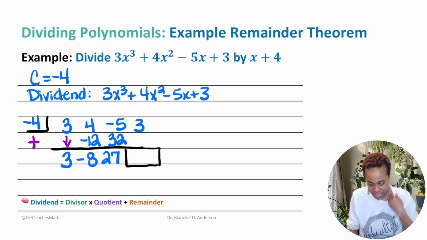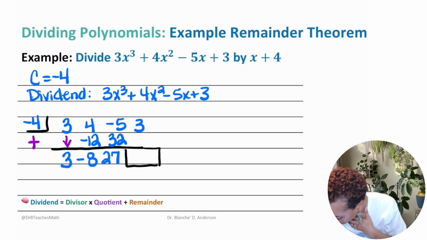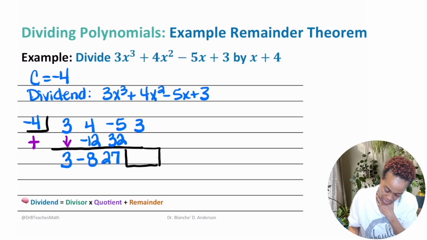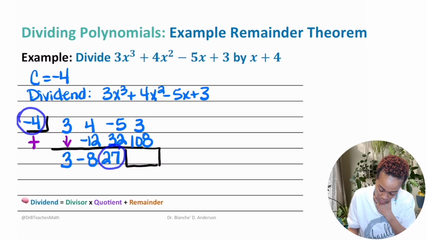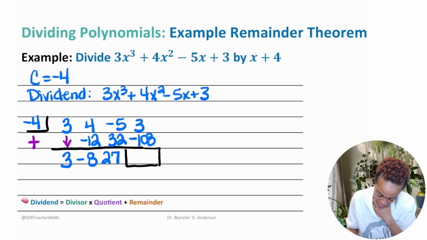Then 27 times negative 4, that should be 108. Sorry, let me show you. 27 times negative 4 is going to be a negative 108. And then 3 plus negative 108 is going to be a negative 105.